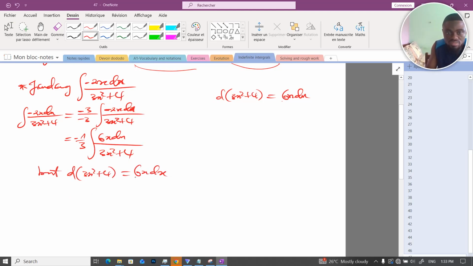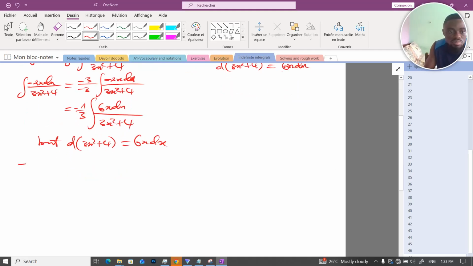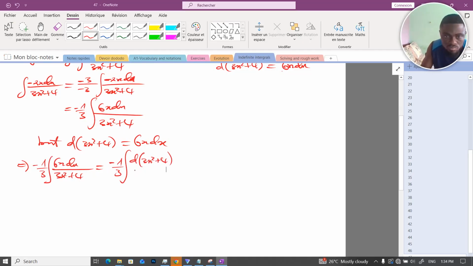So I will replace this 6x dx by this. So it implies minus 1 on 3 integral of 6x dx all over 3x squared plus 4 will be equals to minus 1 on 3 integral of d of 3x squared plus 4 all over 3x squared plus 4.